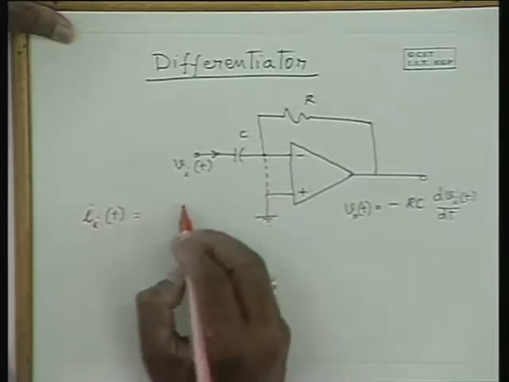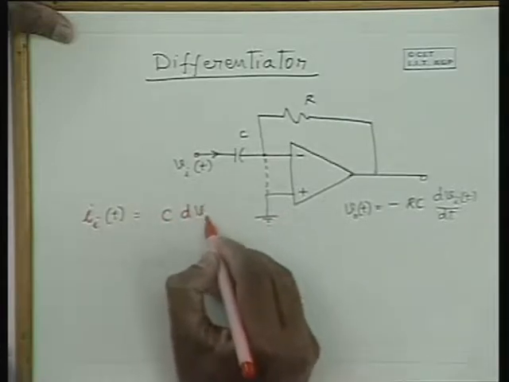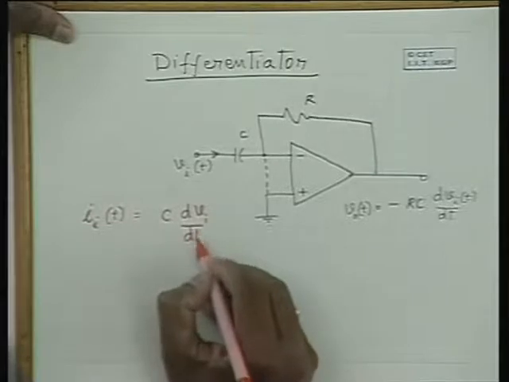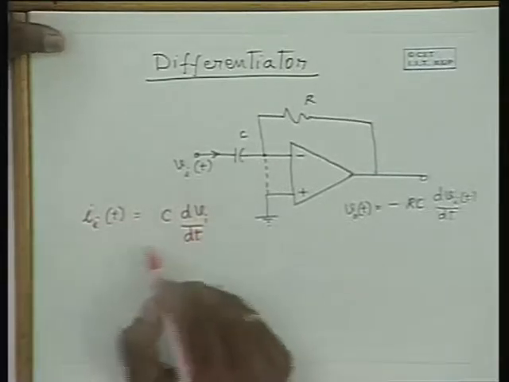Therefore Ii(t) is equal to C dVi by dt, because it is a capacitor.